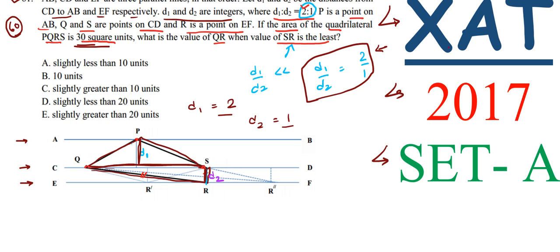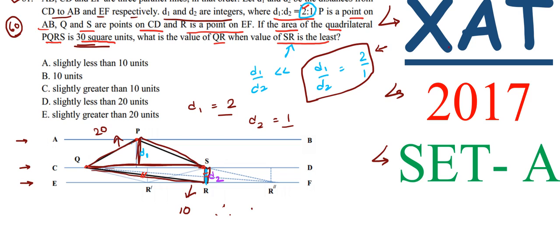In proportion to the heights, we can say that the upper triangle has an area of 20 square units and the lower triangle has an area of 10 square units, because the height above is 2 units and the height below is 1 unit.